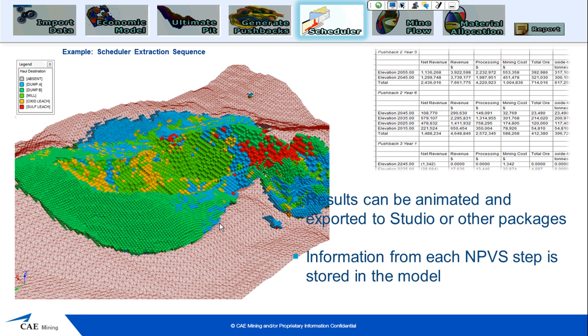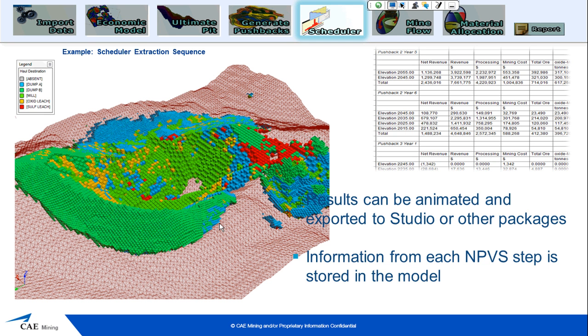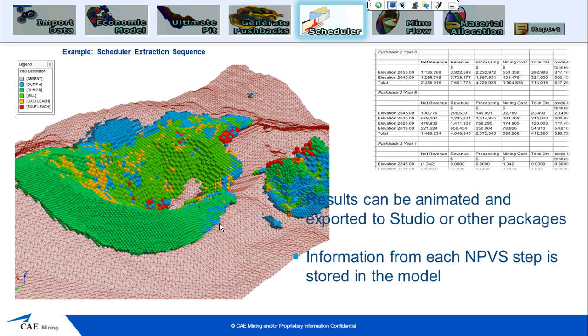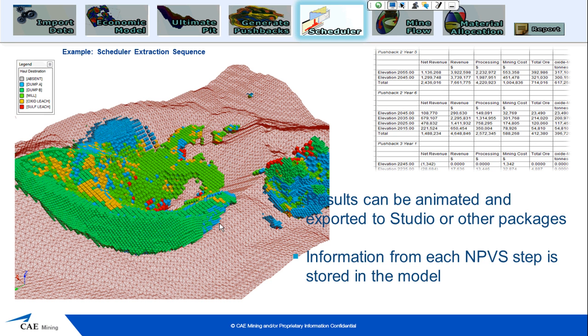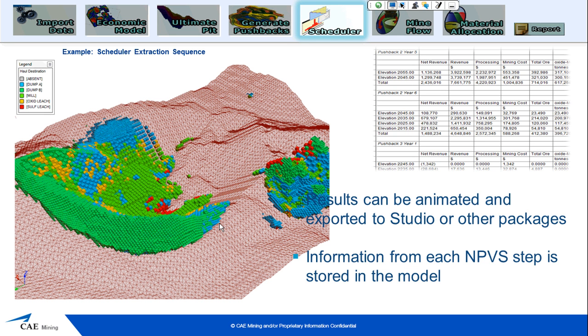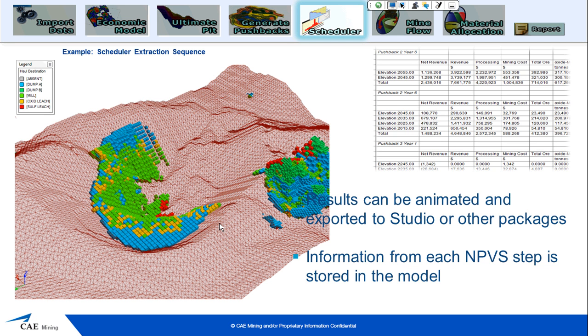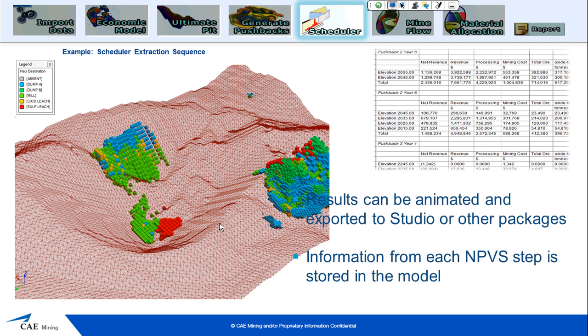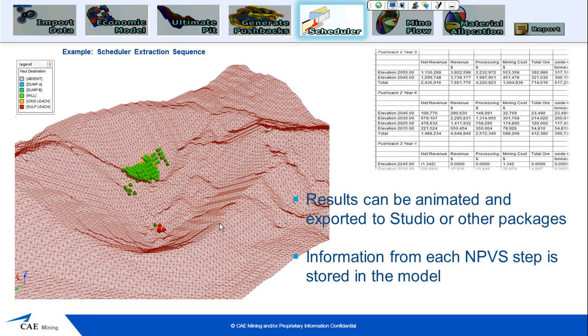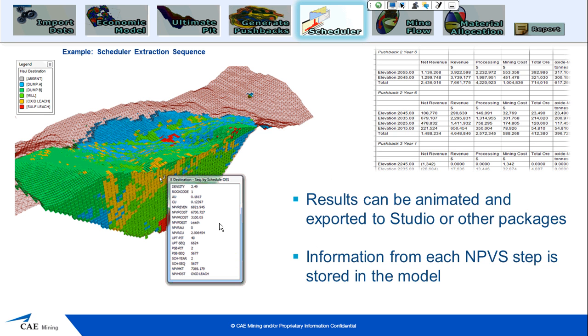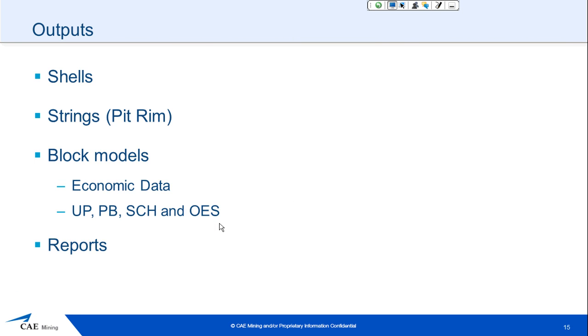The block model does have the information on the blocks about everything from the data that was imported as far as qualities, the economic model values, the ultimate pit Lurch-Grossman shell and the OES, pushback shell and OES, and the scheduler period and sequence, and also destinations. Up to this point, other things that we can export are shells, pit rim strings, and our reports.